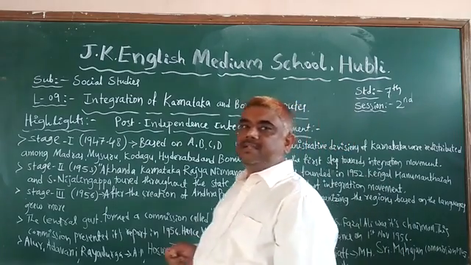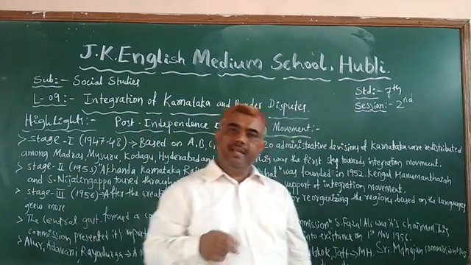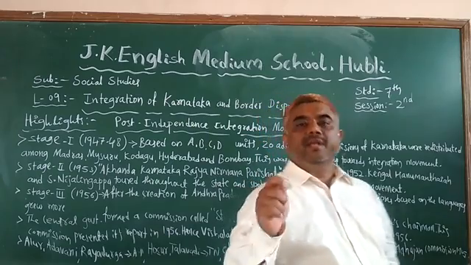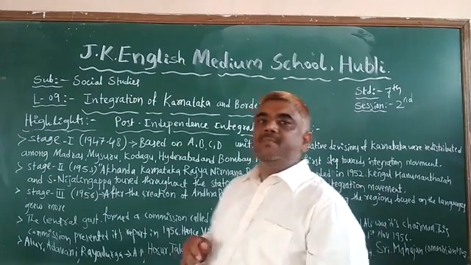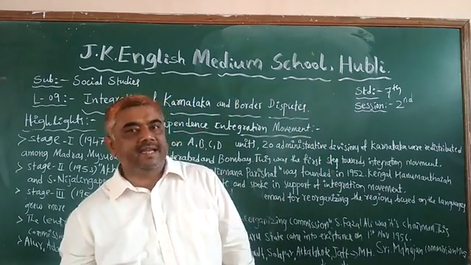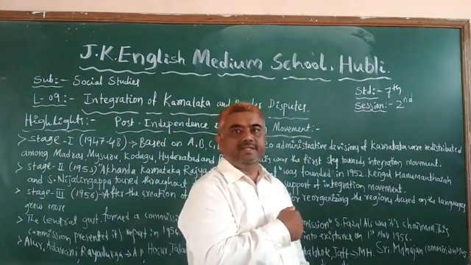Before independence in India, there were 2 types of administrative or political divisions. The first one was British provinces and the second one was princely states.